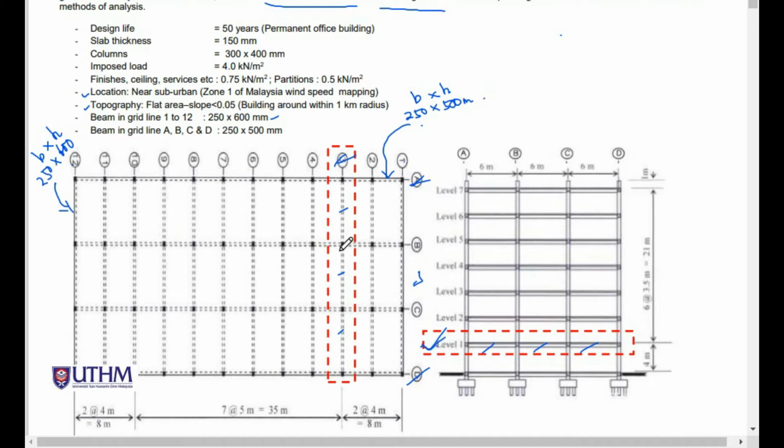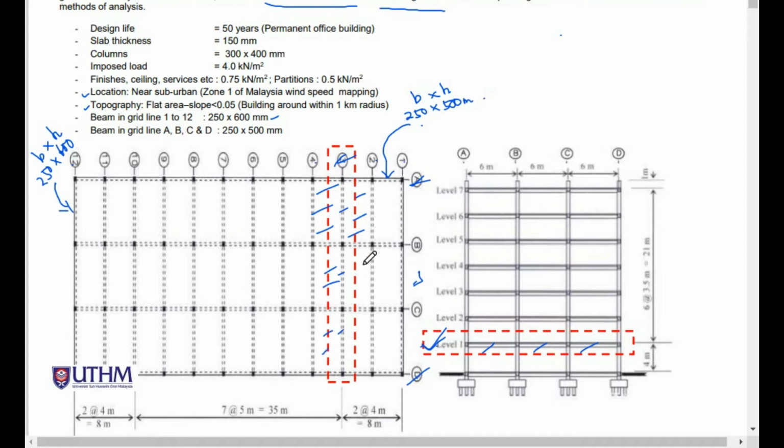Level 1. Okay. So if you look to this plan view, this beam is connected with slab 2-3 and 3-4. So this slab.